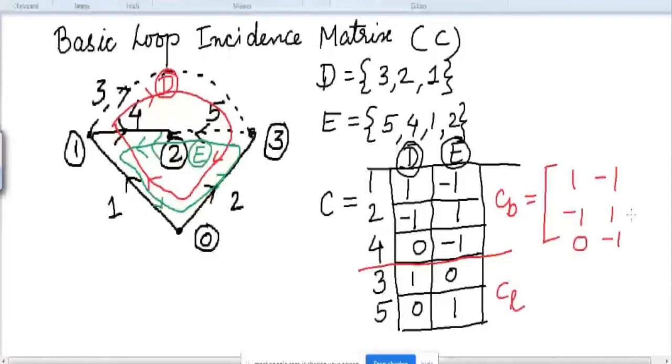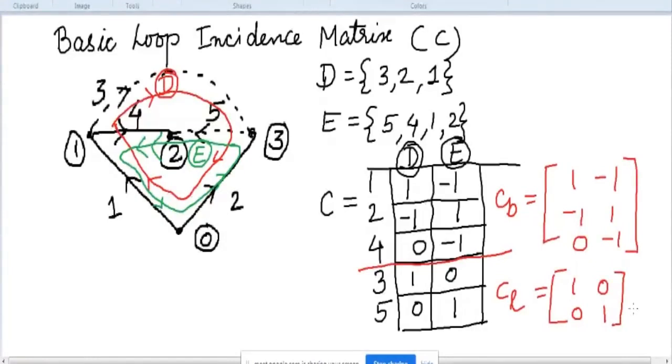And the lower portion CL is 1, 0, 0, 1. So if MCQ based questions are asked, then a certain graph will be provided to you, and they will ask you what will be the value of CL, and they will give you 4 options.